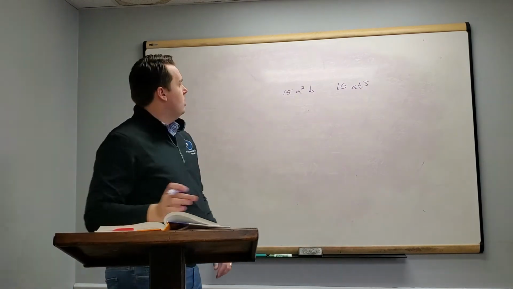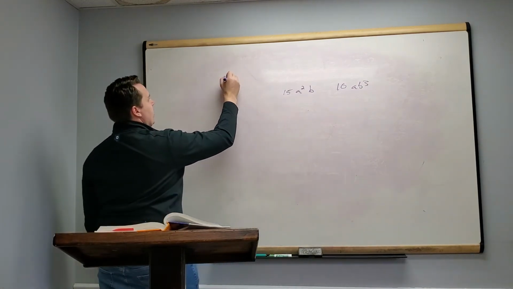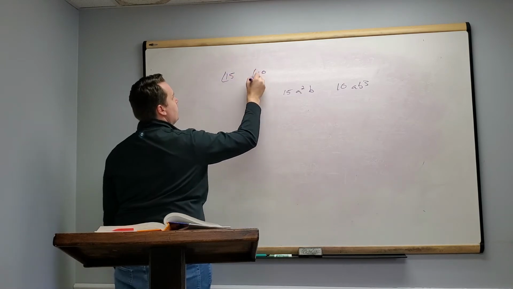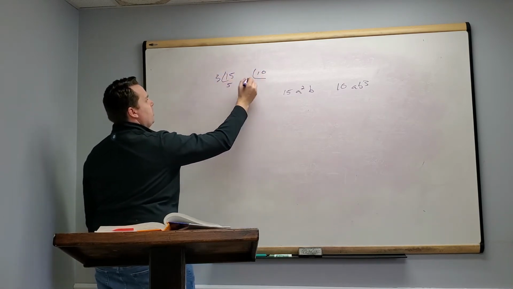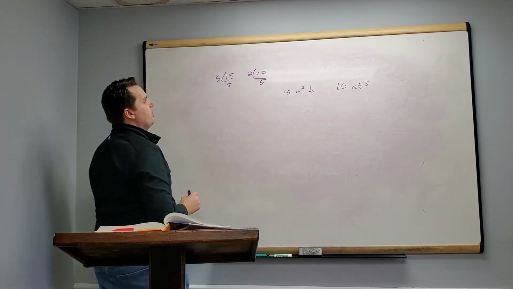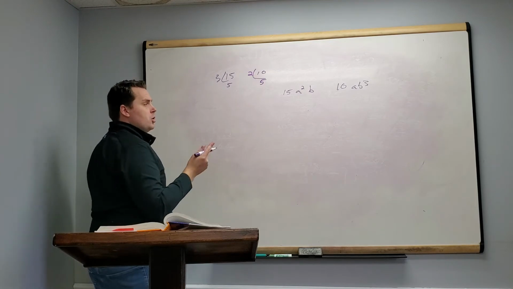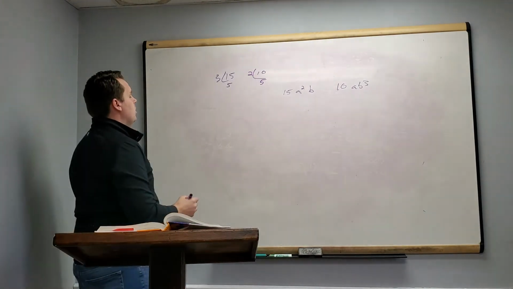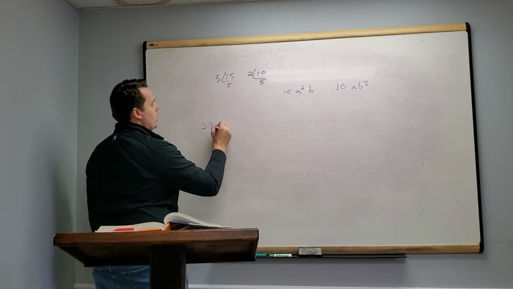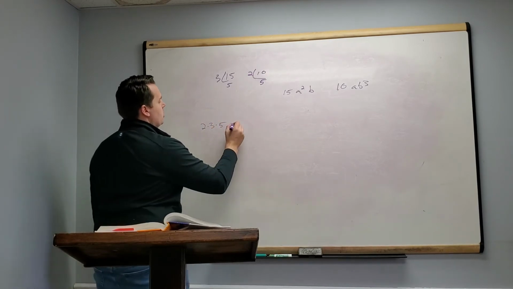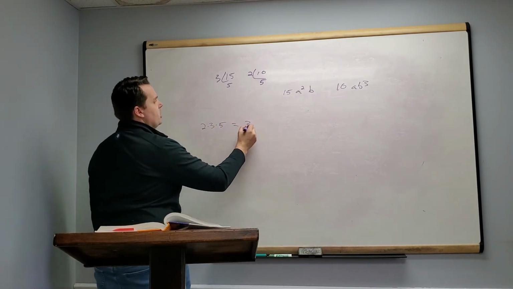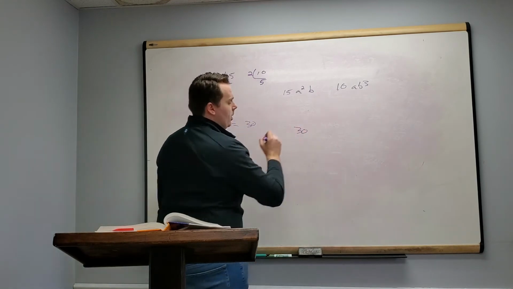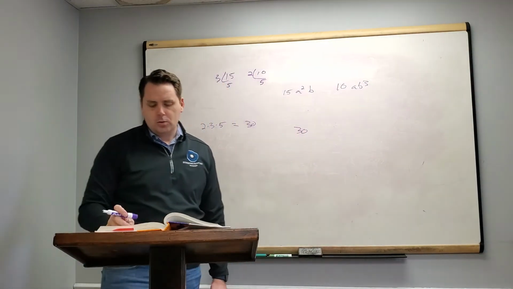Let's look at the 15 and the 10 first. 15 is 3 and 5. 10 is 2 and 5. So I had a 2 used, a 3 used, and a 5 used. 2 times 3 times 5 is 6 times 5, which is 30. So 30 will be in my answer for my numeral.